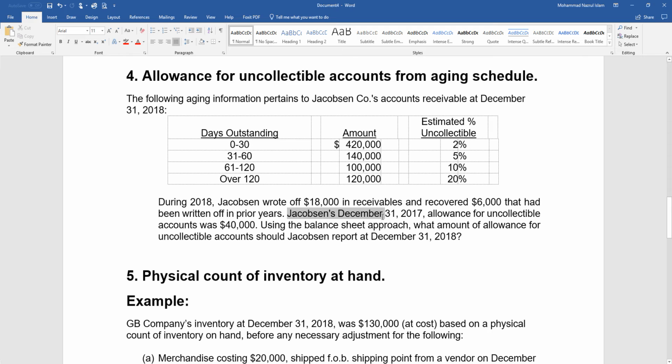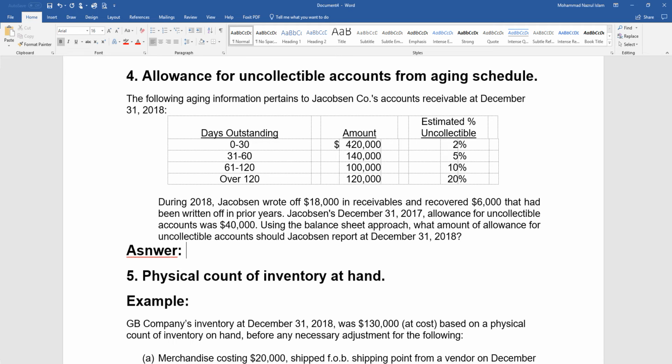And Jacobson's December 31st, 2017 allowance for uncollectible accounts was 40,000. Using the balance sheet approach, what amount of allowance for uncollectible accounts should Jacobson report at December 31st, 2018? This is very simple. Let's see how we calculate this one.